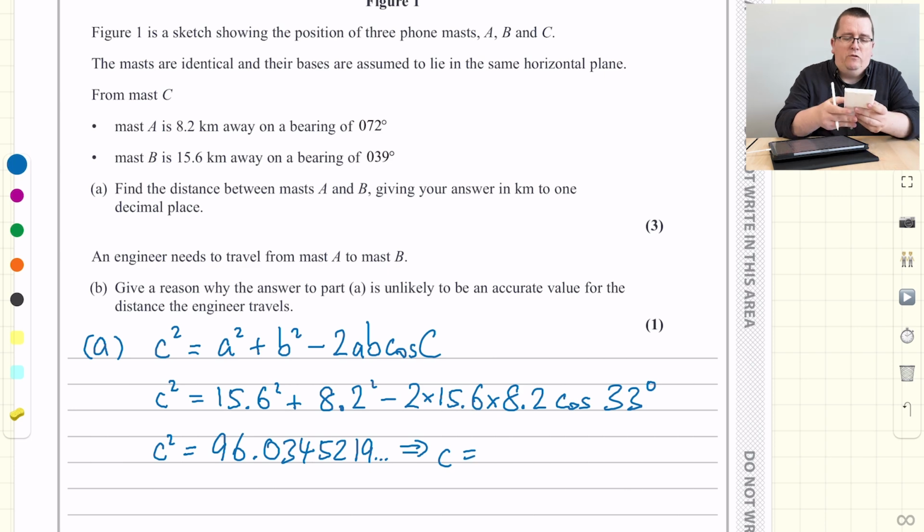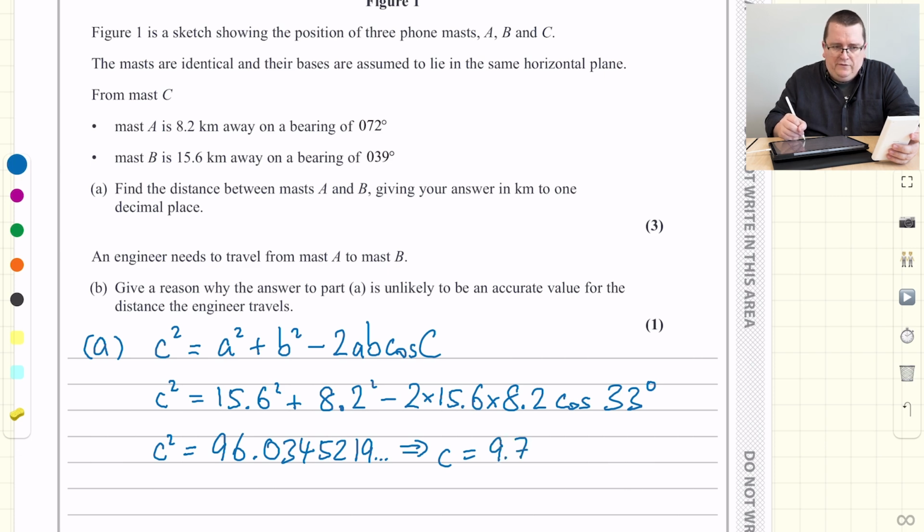So if we square root both sides, we get C as 9.7997, etc. So 9.8 kilometers to 1 decimal place.